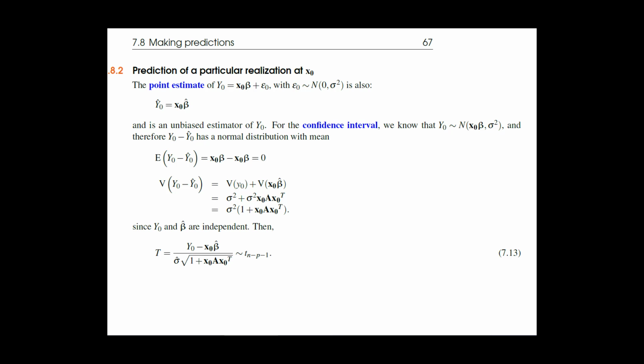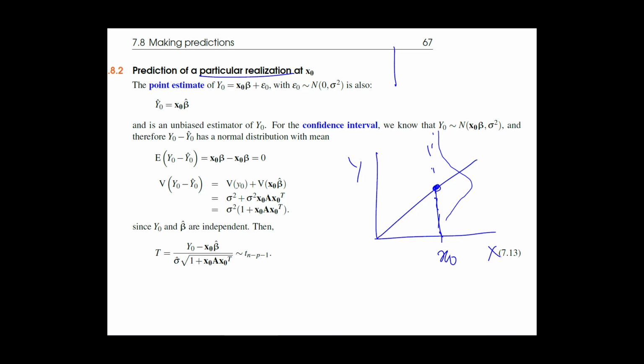Now, a particular realization. Here's the other picture I was telling you about. You have the X and Y and X naught somewhere here. In the previous section, we predicted that point. Now, when we say particular realization, we mean that it could be any point in this vertical line drawn from a distribution that is normally distributed, right?